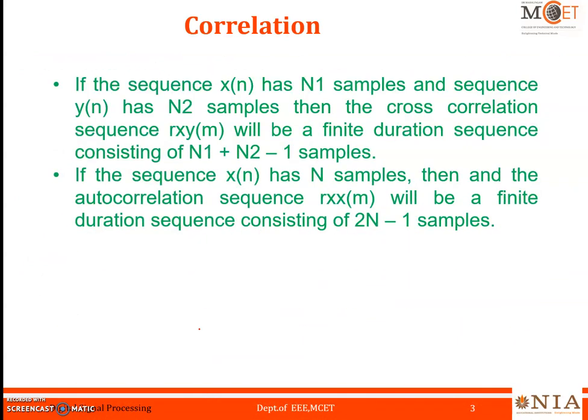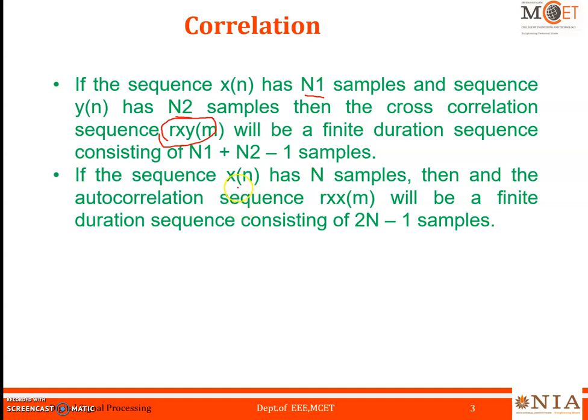Now, next, we have to find out the number of elements in the output sequence. For example, if x of n has n1 samples and y of n has n2 samples, then the number of elements in Rxy, the cross correlation, is n1 plus n2 minus 1.